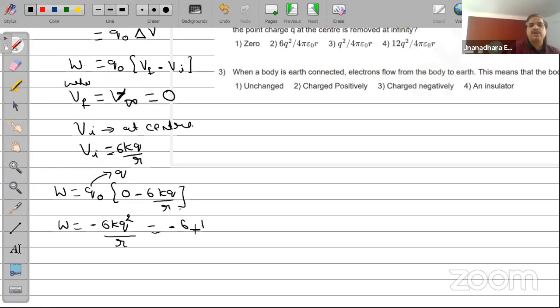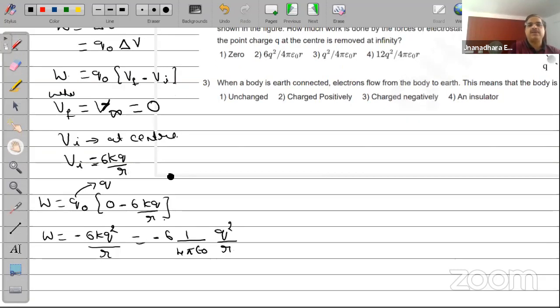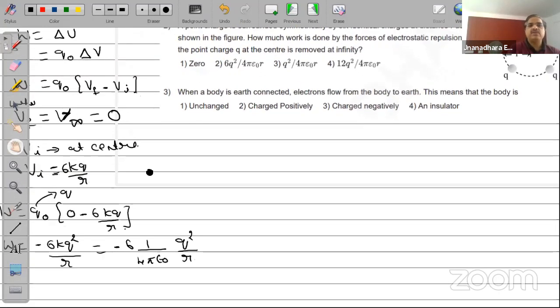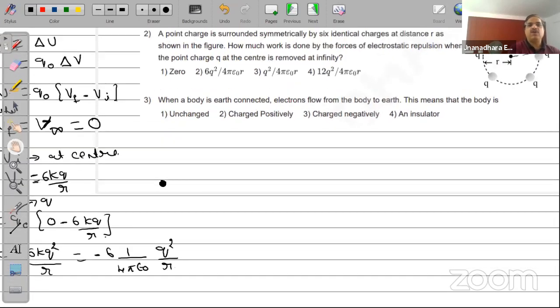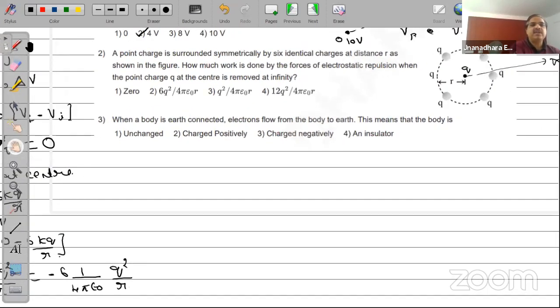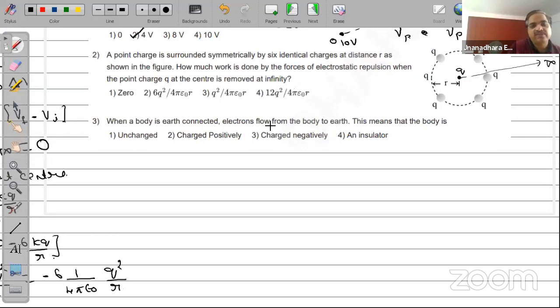K is 1 by 4 pi epsilon naught, and therefore I get this to be by R. From this, I think you can pick the answer quite easily. It should be 6 Q square by 4 pi epsilon naught R. Okay, they are not really worried about the negative sign because none of them in fact have negative sign. If you had an option of negative sign, please choose that negative sign. But here the best option is 6 Q square by 4 pi epsilon naught R. That's the most appropriate one that I can think of.